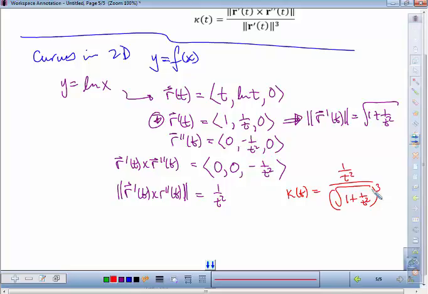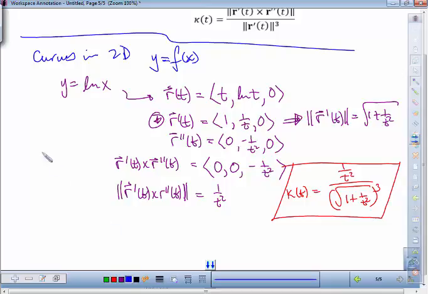Now, if that's all they're looking for, then you could be done. But if they want you to simplify it, I suppose you could try to simplify it. Maybe it will be good for this. I think one of the questions, and it might be in your homework, is they ask you to maximize the curvature.